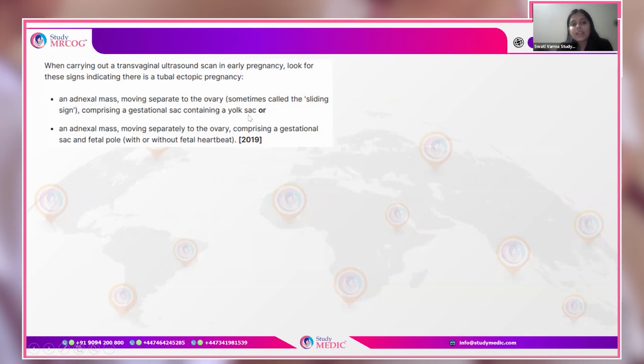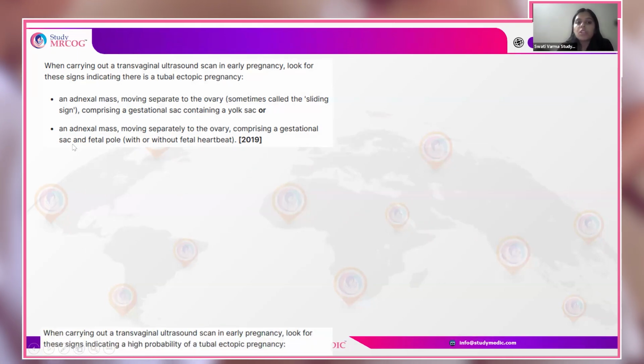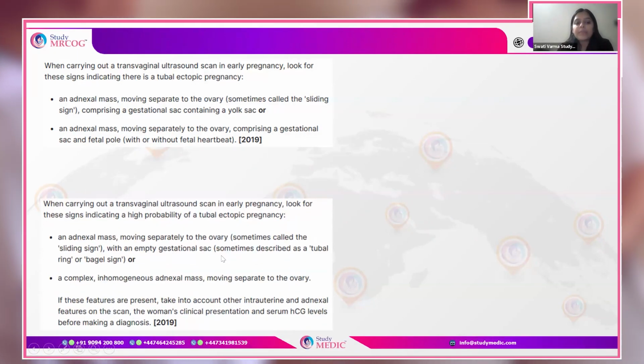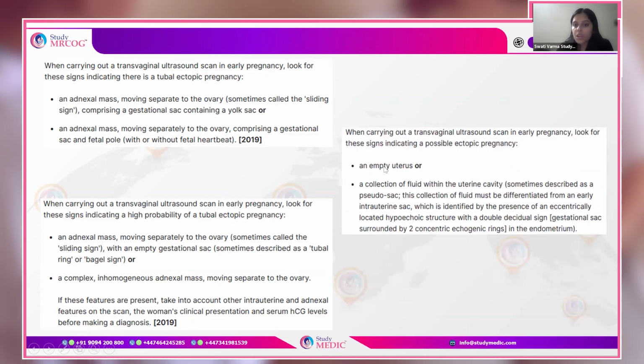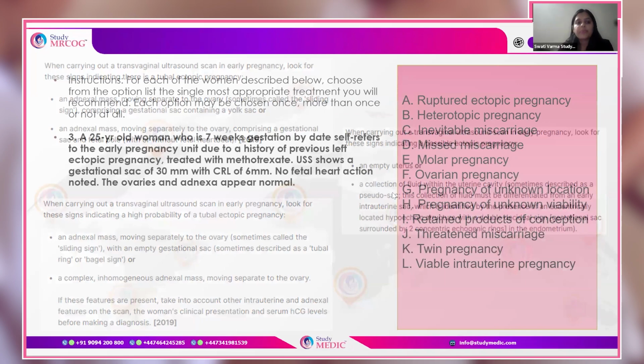It may comprise a gestational sac containing a yolk sac, or a gestational sac and a fetal pole, or an empty gestational sac, which is often referred to as the tubal ring or Bagel sign. Most common is a complex inhomogeneous adnexal mass. This is the most common ultrasound finding. Also, look for an empty uterus. Sometimes you might find a pseudosac. So all these ultrasound signs are suggestive of ectopic pregnancy.